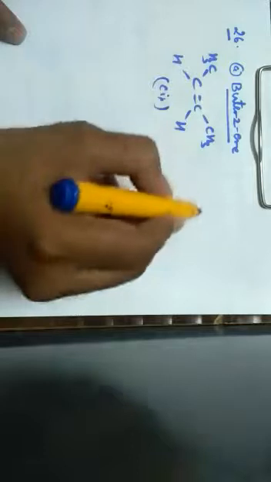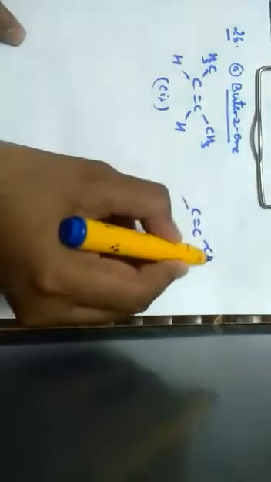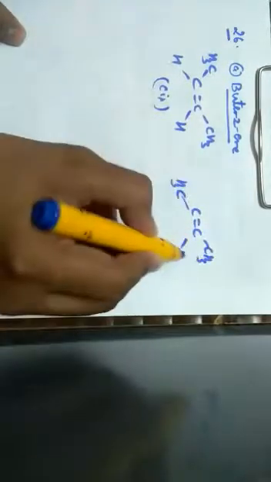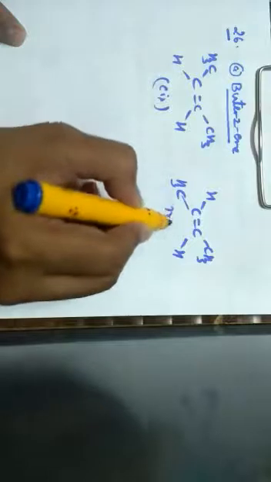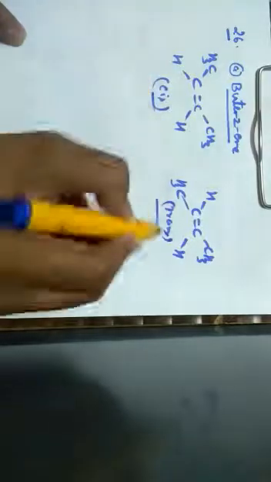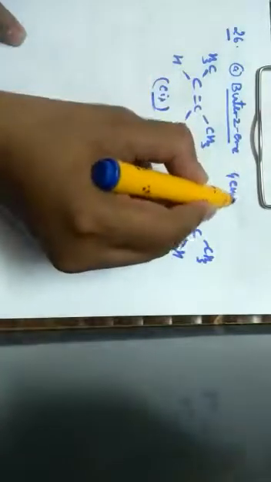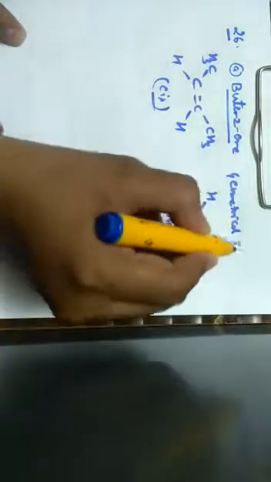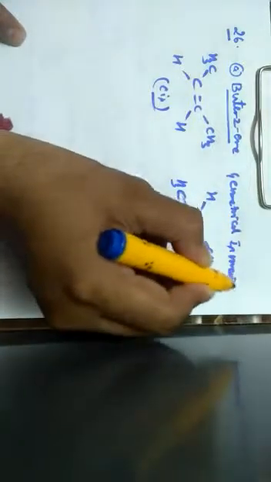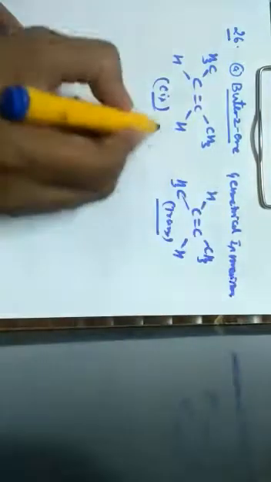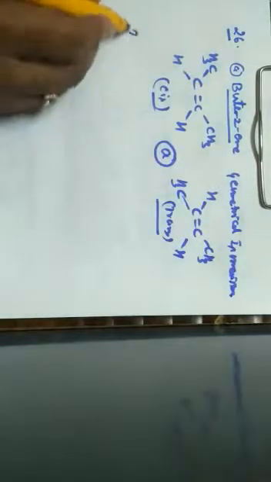So this is the cis form, and when I write the trans form, this is the trans form. If it exhibits both cis form and trans form, such kind of isomerism is called geometrical isomerism. Hence, the correct option for the given question is option A, which is given by but-2-ene.